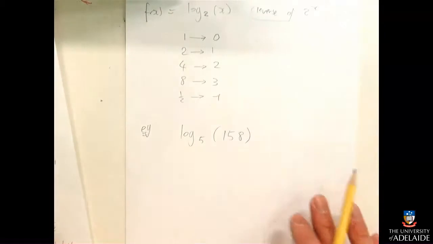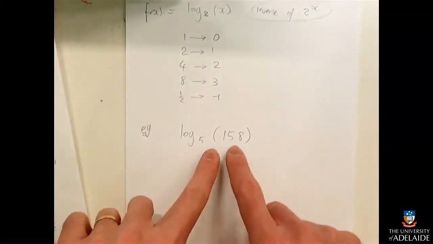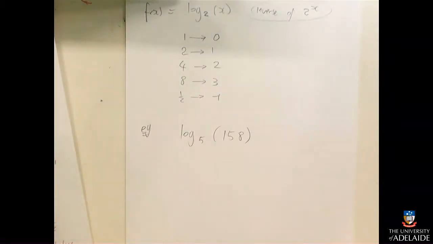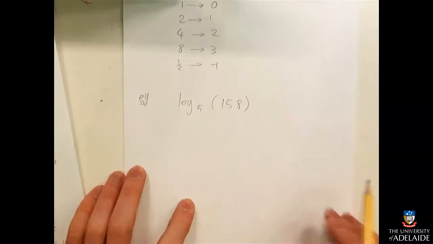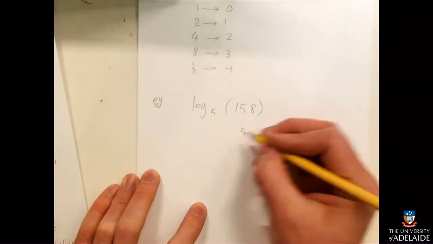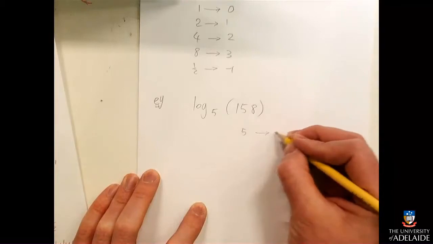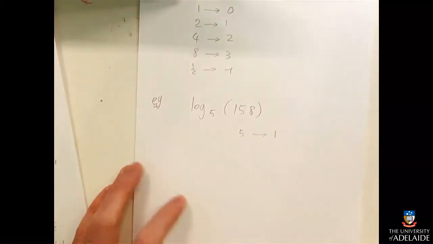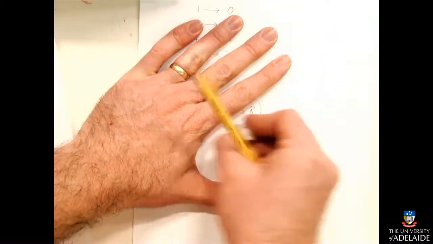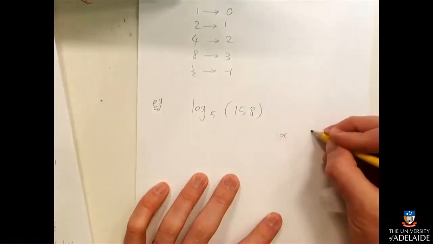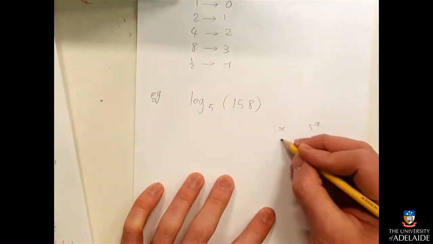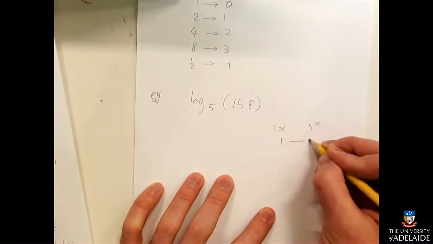If I wanted to estimate what log 5 of 158 was, I would go, all right, well, let's just see. We're doing 5 to the power of backwards, right? So if this is x and this is 5 to the power of x, that would give me a 5.